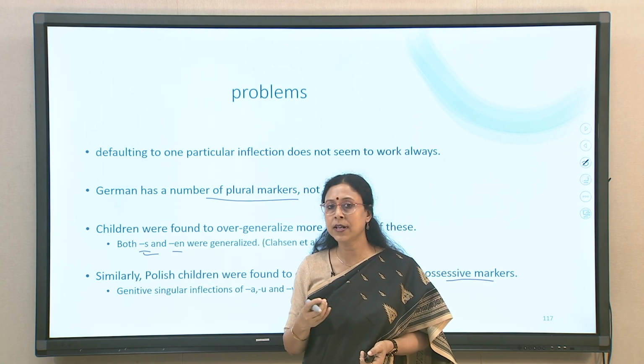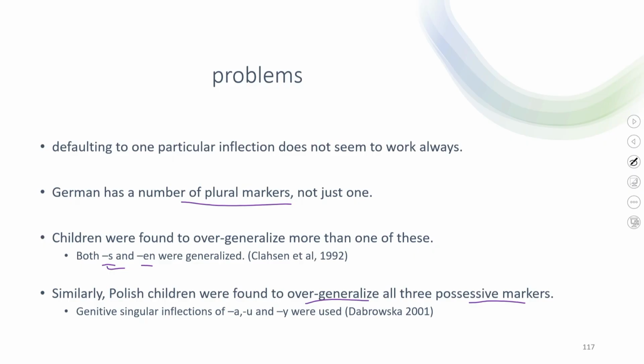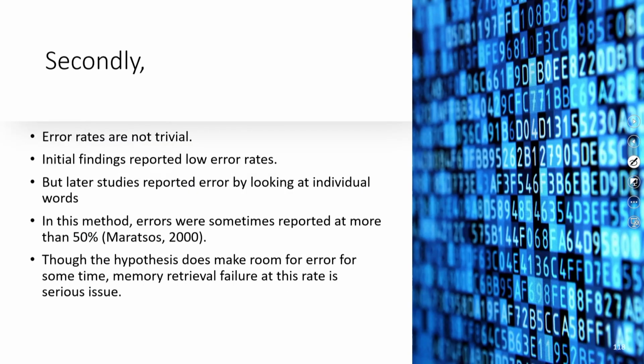So, genitive singular inflection, for example, can be marked by these three types of inflections. So, the same idea of genitive marker in the singular form. There are three inflections possible, and what they found was a similar thing, that all three possessive markers were overgeneralized. So, there was no defaulting to one particular inflection that the children followed.